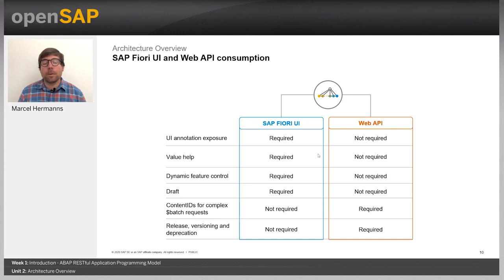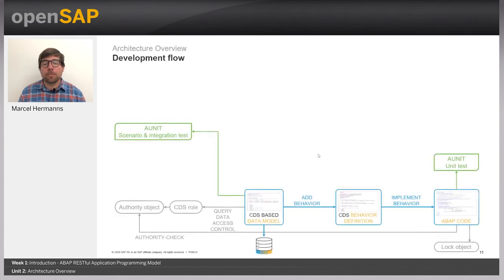On the other hand, web APIs require more complex requests, batch requests, maybe also containing content IDs, where I define a new document or new instance, and afterwards I want to execute operations based on this instance within one $batch request. This is content ID referencing. Release, versioning, and deprecation might be also more relevant for web APIs.